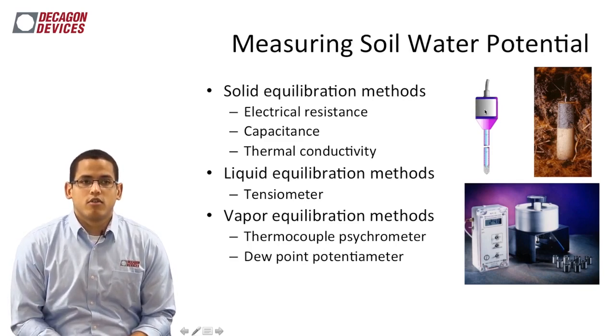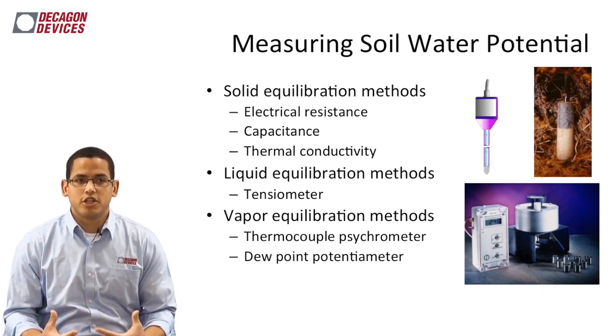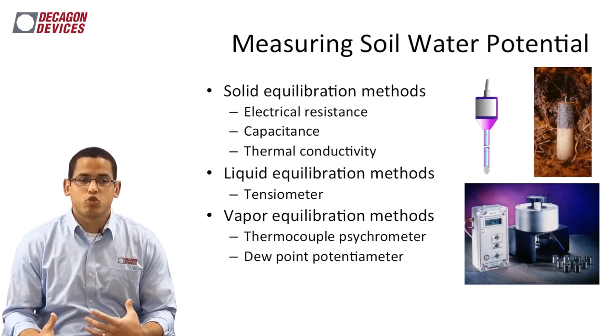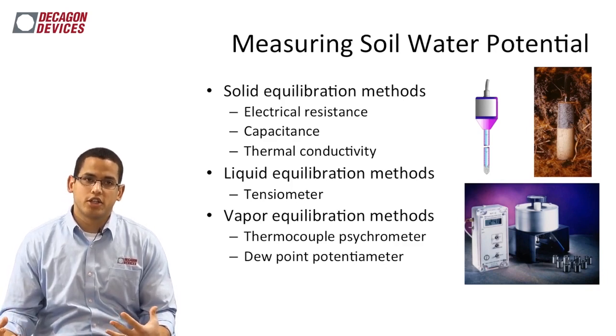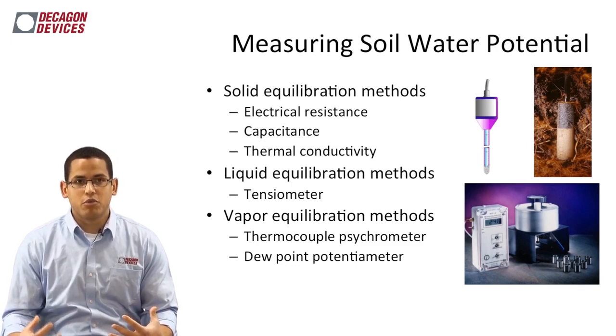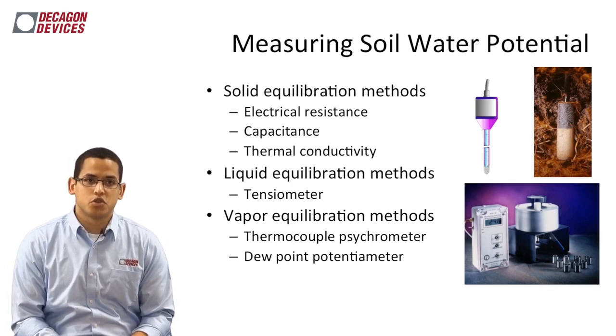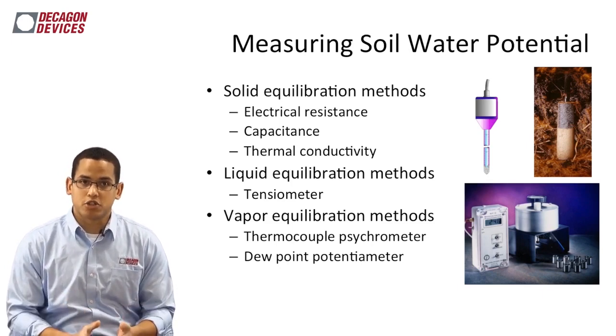And what we're doing is allowing it to come into equilibrium with the soil, and we're measuring the pressure that, as the soil pulls the water out of the tensiometer, it's creating a suction, and we're able to measure that with, for example, a pressure transducer. And that gives us a direct measure of the matrix potential.